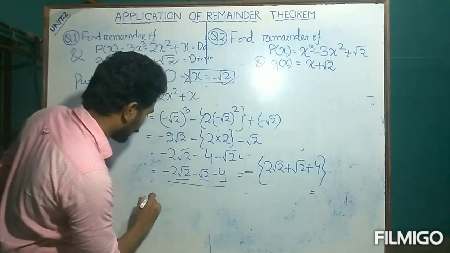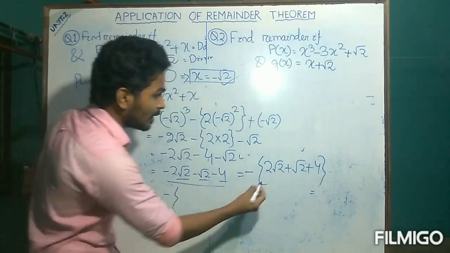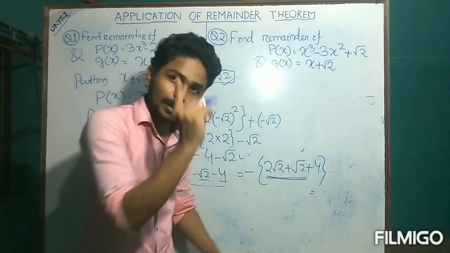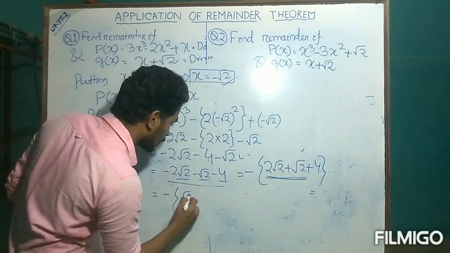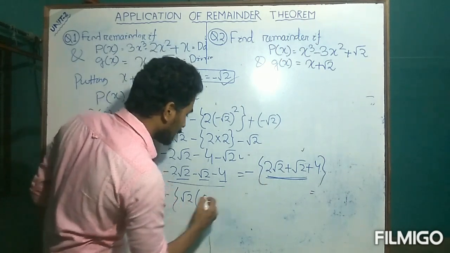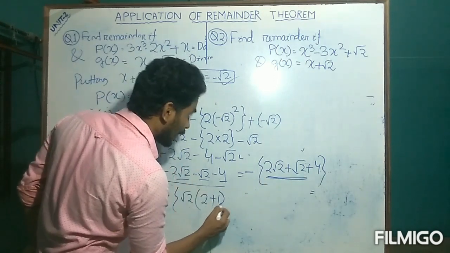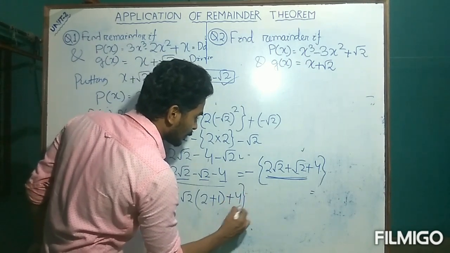Okay, then minus taken as common. See, these are the 2 irrational numbers, so we can take root 2 as common. So what do we have? We have 2 and plus, since root 2 is common, 1 plus 4.